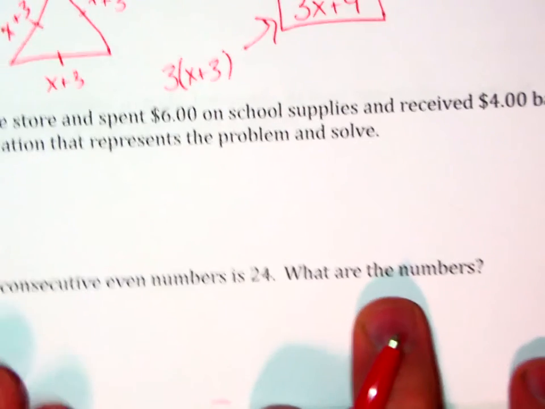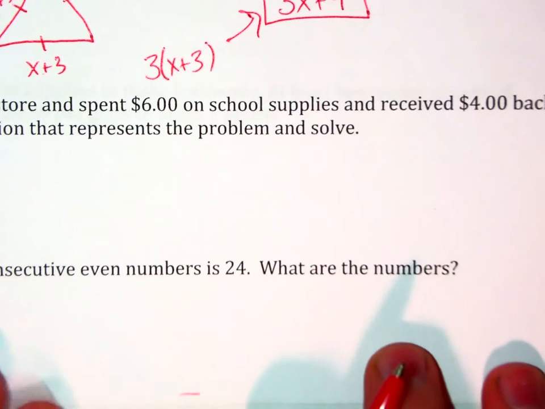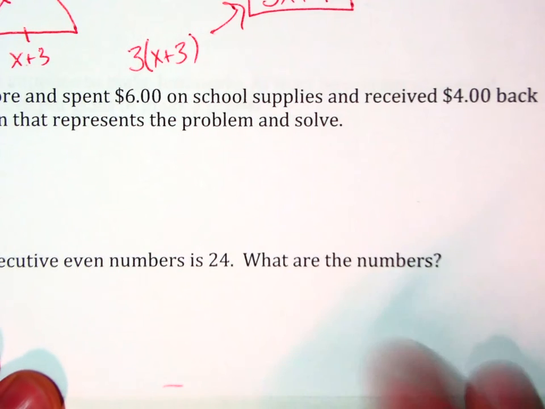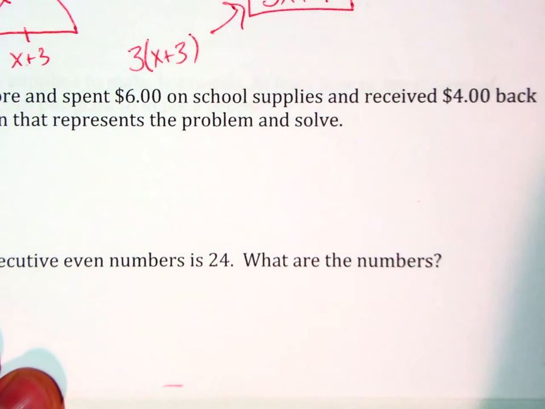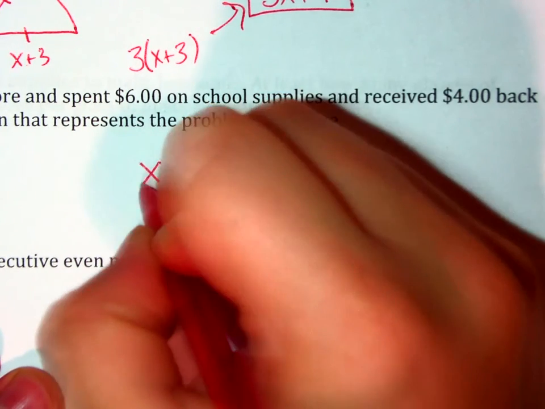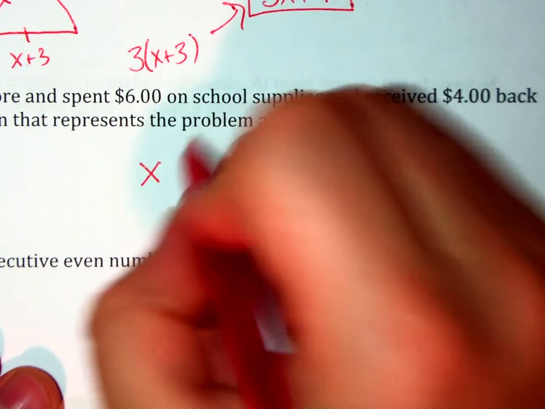Problem number 18 tells me that Jennifer went to the store and spent $6 on school supplies and received $4 back. Write an equation that represents the problem and solve. Well, we have no clue how much she started with. So we just know that she went to the store and spent $6.